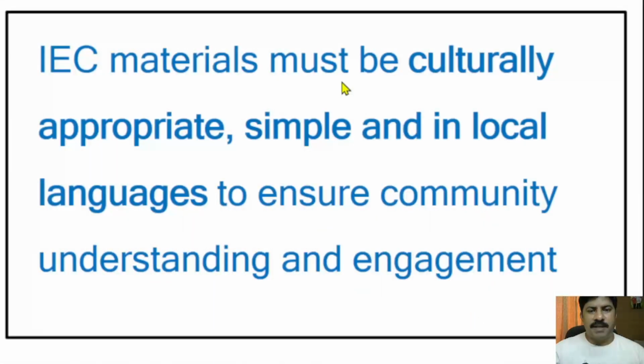IEC materials must be culturally appropriate, simple and in the local language to ensure community understanding and engagement. So we need to plan according to the knowledge level of the community, and provide information in their local languages. It should be simple and culturally appropriate.